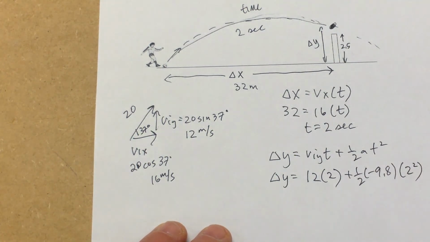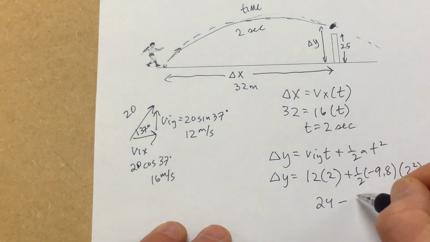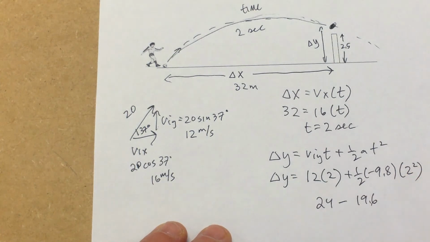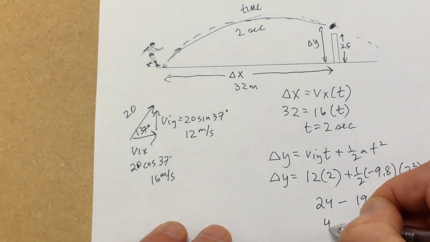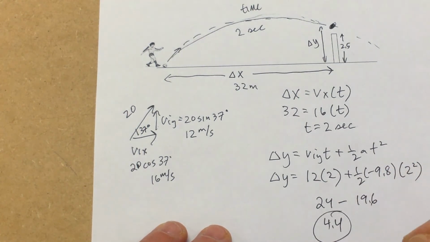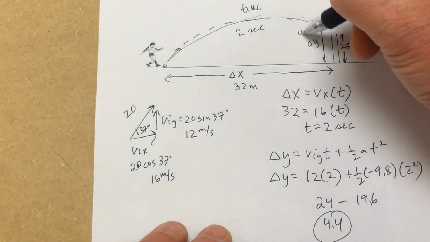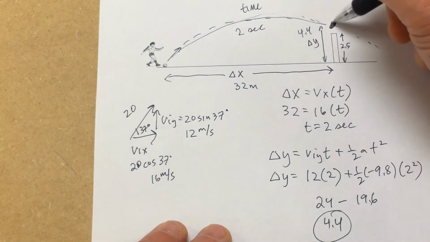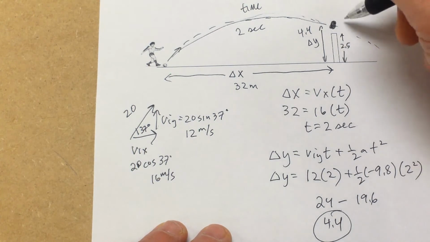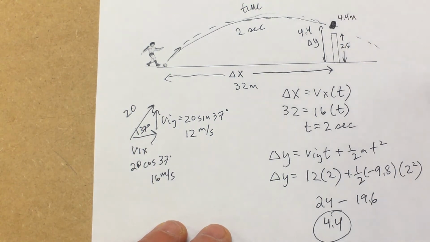All right, again, work through the mathematics there, not too hard. We get 24 minus 19.6. We get 4.4. Okay? That's telling us the ball at the position of the goal is 4.4 meters above the ground.